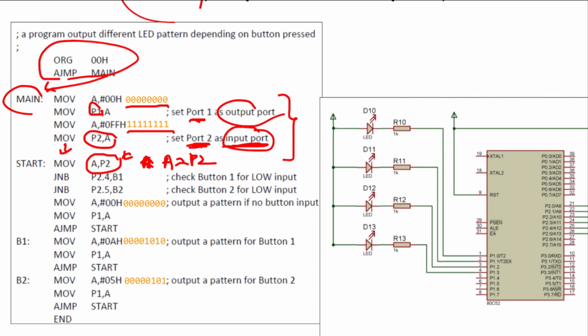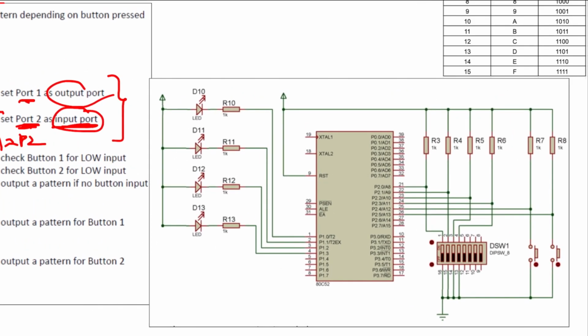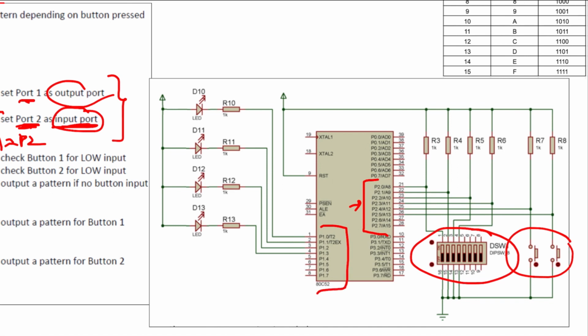Before we move on, I think it's useful to look at this circuit over here. This is our port 2. Port 2 is connected to these two push buttons and also this 8-bit switch input. This port 2 is our input port, and this port 1 is our output port.